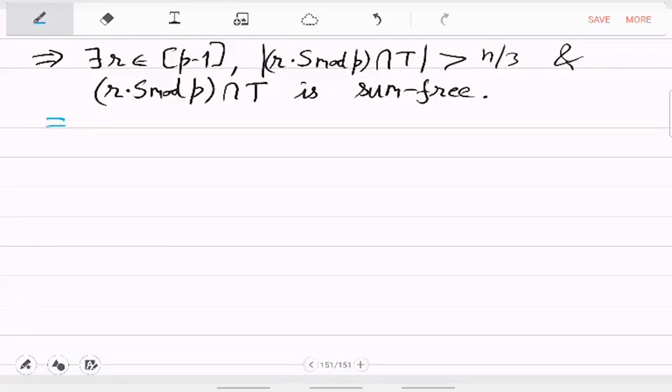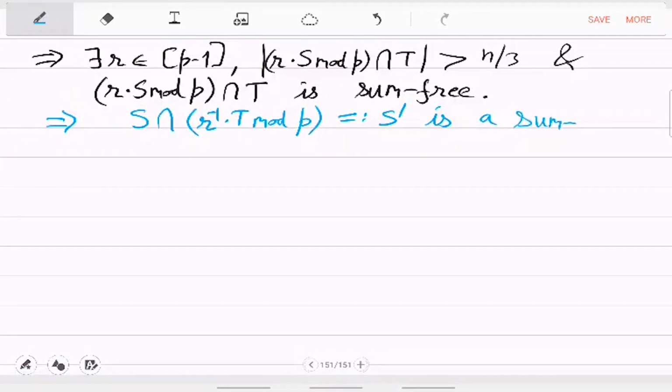Right, which means that S intersection R inverse T mod P. So the transformation was scaling up S. Now the inverse of that transformation will be scaling down by R mod P. So if you do that, it will give you S prime, which is a sum free subset of S, and the size will not change, right?